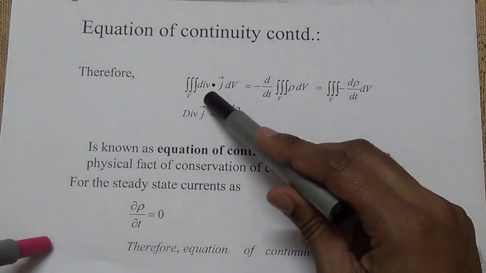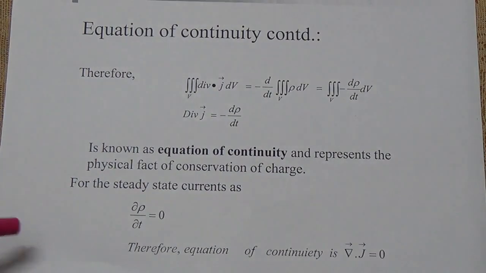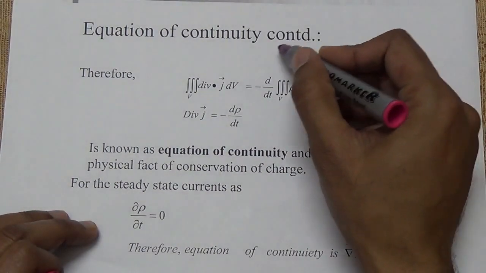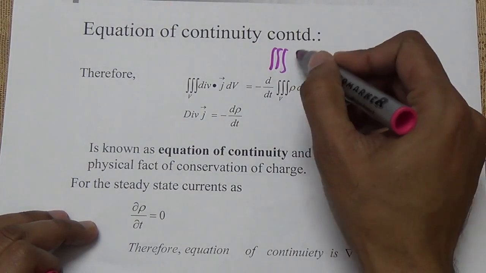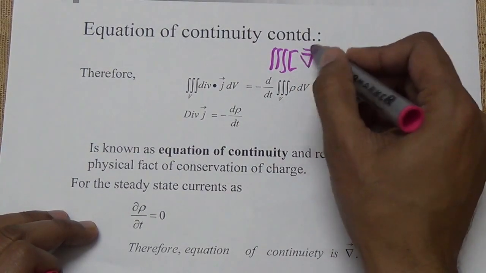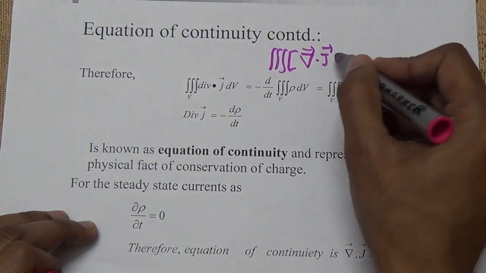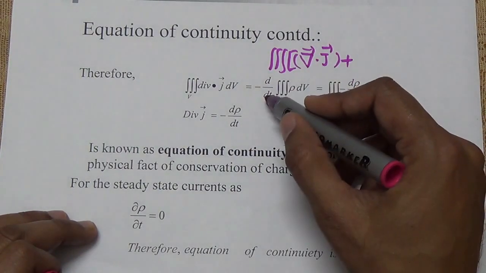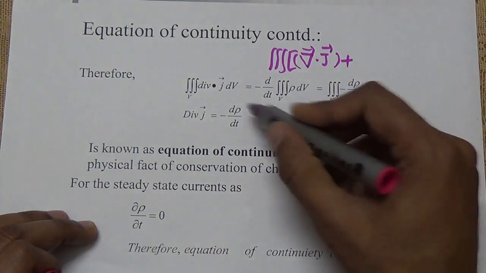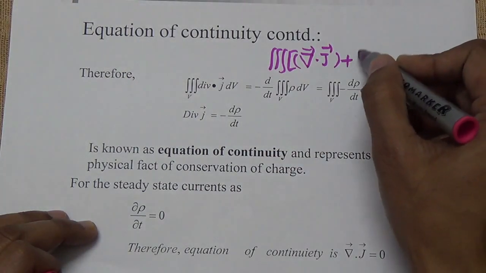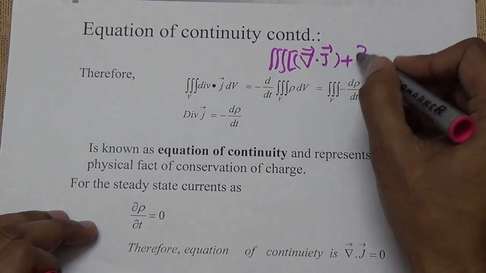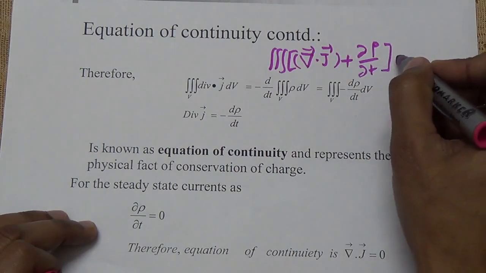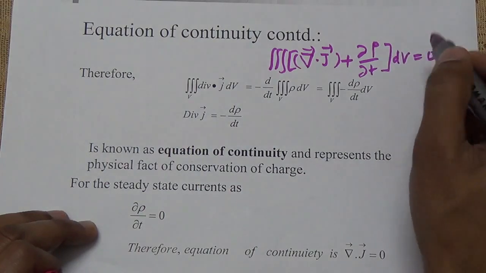Now compare both sides. You can write it this way: the volume integral of the divergence of J plus del rho upon del t, with the left hand side becoming positive, dV is equal to 0.